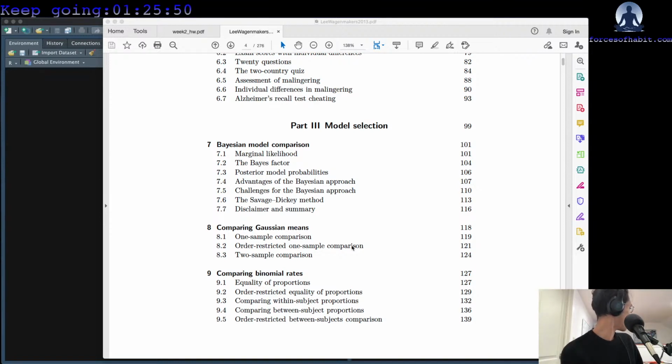I have a few other books in mind that we could do these sorts of think-aloud practice series with. For example, maybe something like Doing Bayesian Data Analysis, the dog book, Kruschke's book. People know this pretty well.